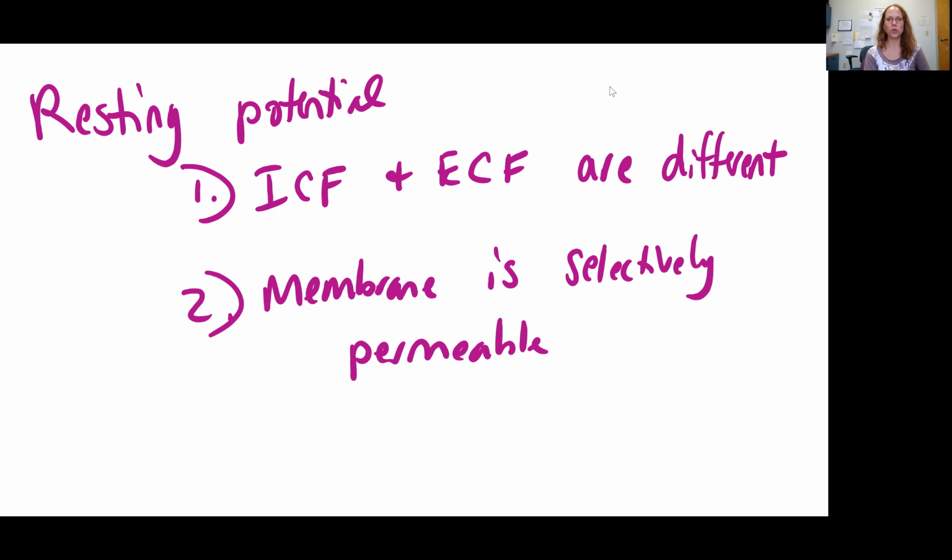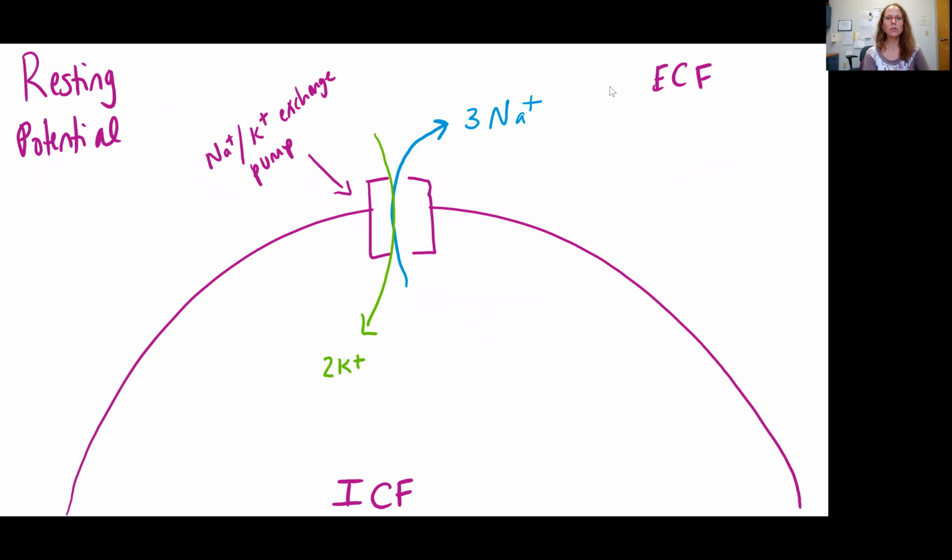Your resting potential is based on the fact that your intracellular fluid, your ICF, and your extracellular fluid, your ECF, are different from each other. And they're different because the membrane of the cell is selectively permeable. So we know already about the sodium-potassium exchange pump.